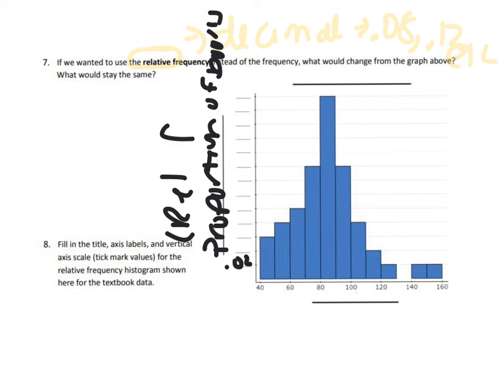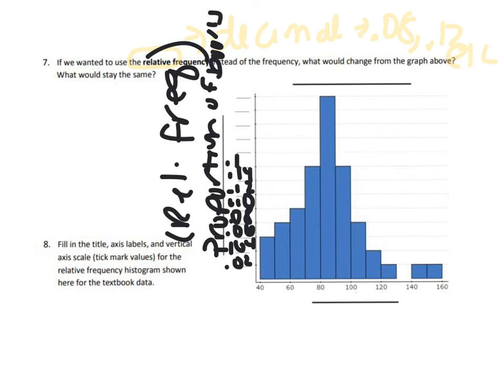Okay, so 0.02, 0.04, 0.06, 0.08, 0.10, 0.12, 0.14, 0.16, 0.18, 0.20, 0.22, 0.24, 0.26.